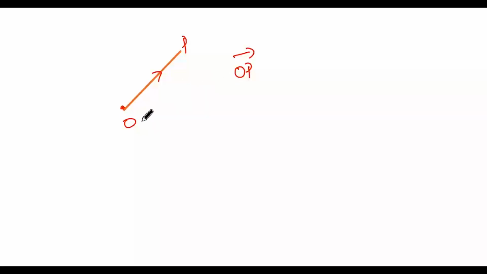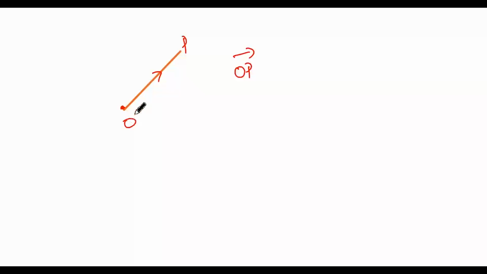Let's say you have a point here, point O. If you have a line segment like this, and the direction is like this, and this is P, then vector OP is a position vector because it is fixed to point O, that is the origin.